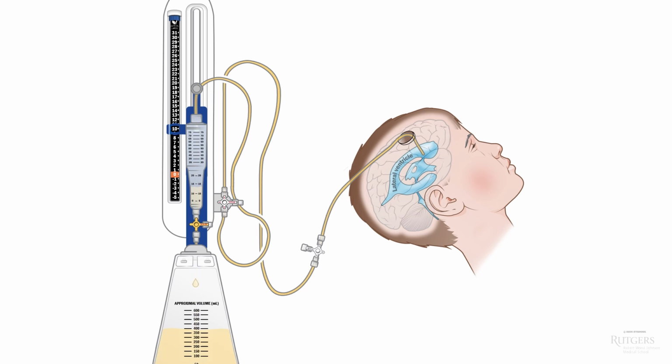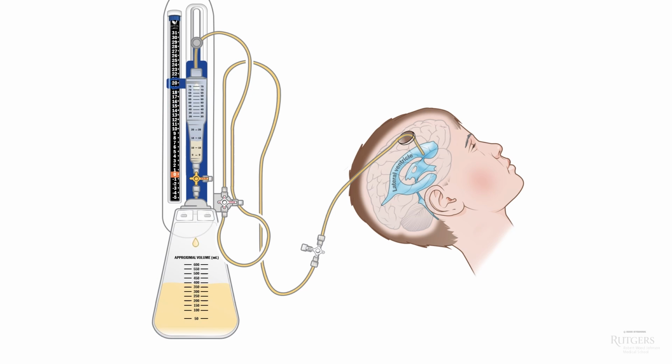Nowadays, there is a significant body of evidence favoring a rapid wean. This usually involves raising the drain to a high level and ultimately clamping it. Then we assess if a patient tolerates living effectively without a drain. This means stable clinical exams, normal ICP measurements, and stable ventricle size on repeat imaging.